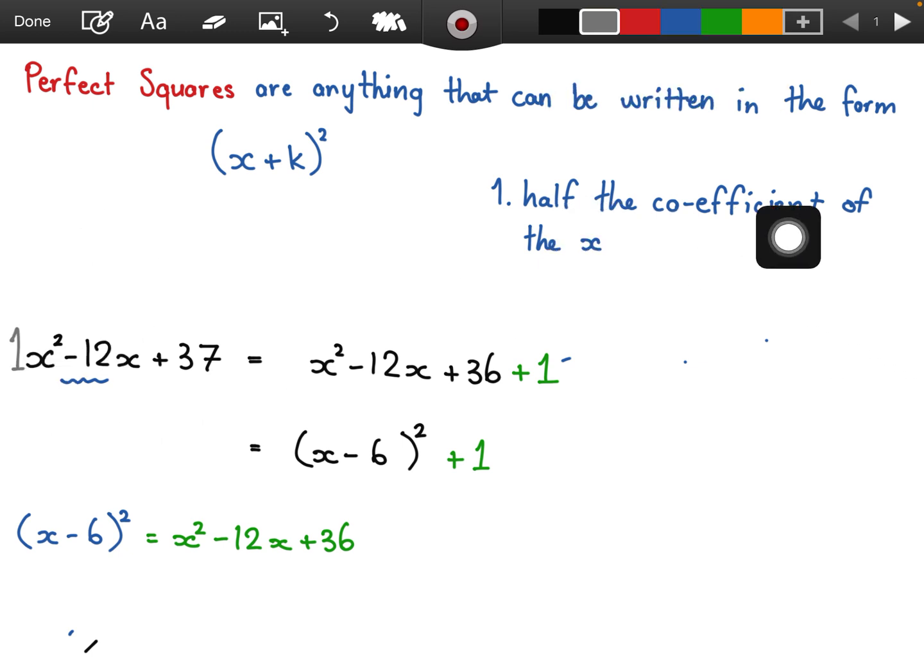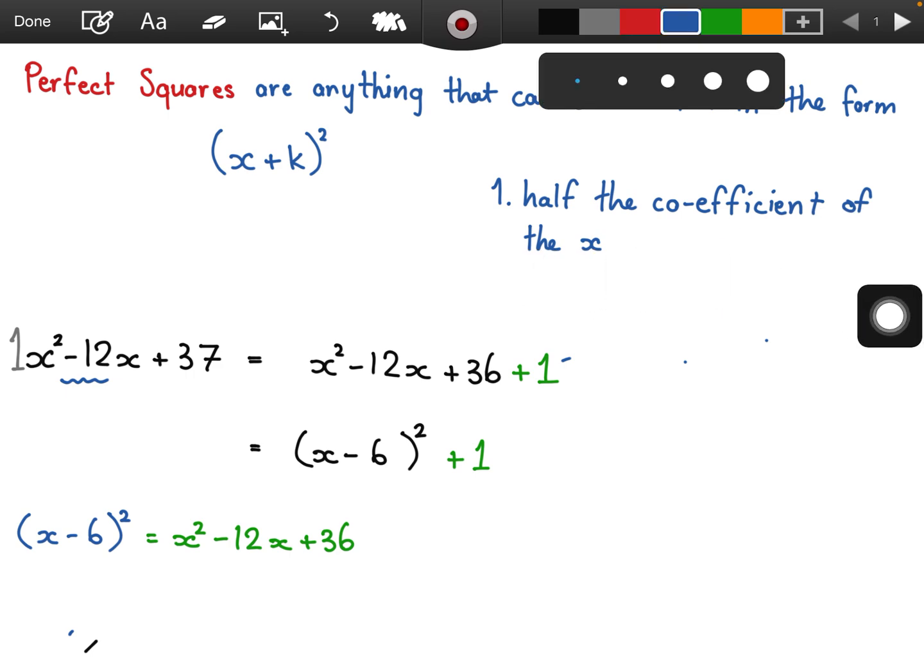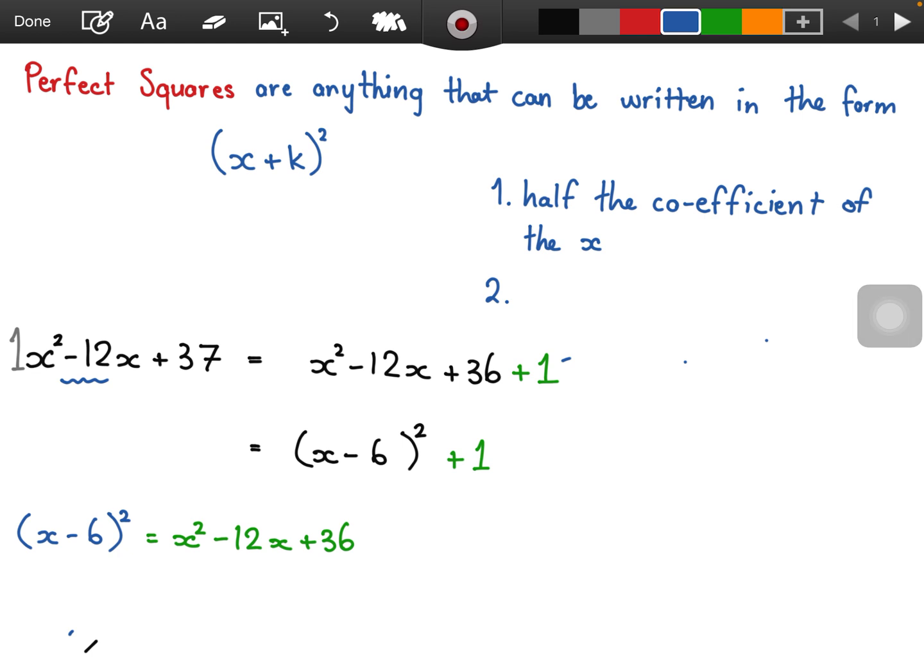We're going to half the coefficient of the x, and we are going to square it. Then what we're going to do is rewrite out the equation with that in mind.